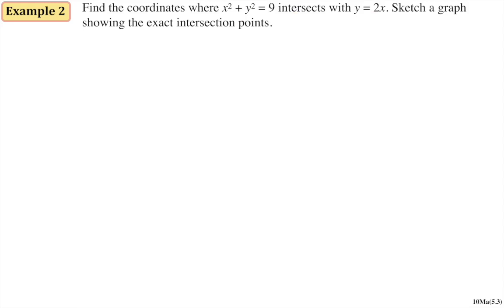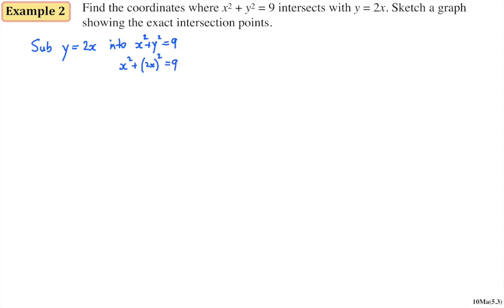So to solve the simultaneous equation, we'll use the substitution method and we'll substitute y equals 2x into x squared plus y squared equals 9. So everywhere I see a y, I'll put 2x in its place. So that gives me x squared plus, instead of a y, I put a 2x in its place, and that's got to be squared.